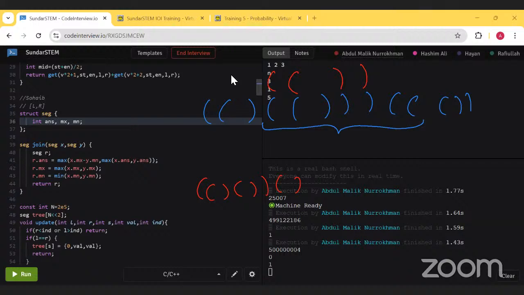Okay, that's right. So we also have to store three variables.